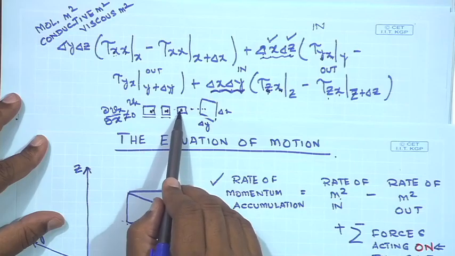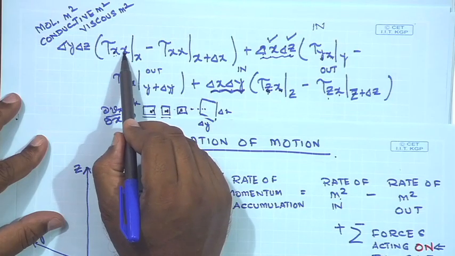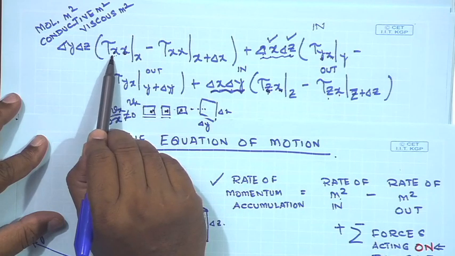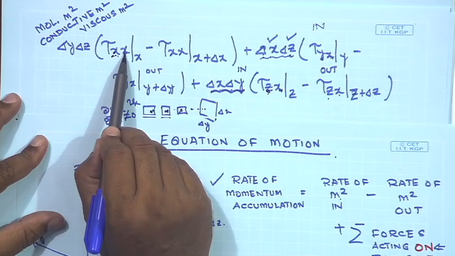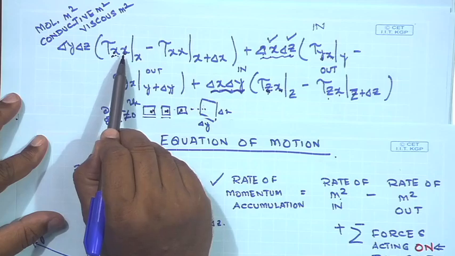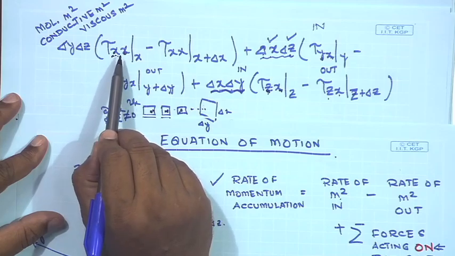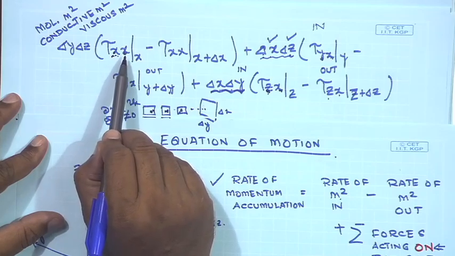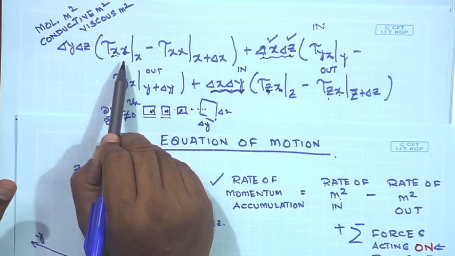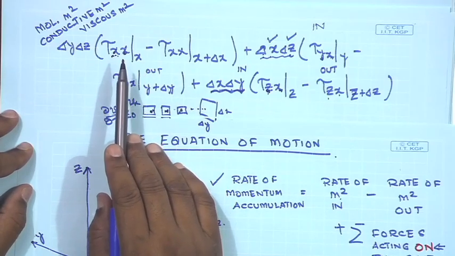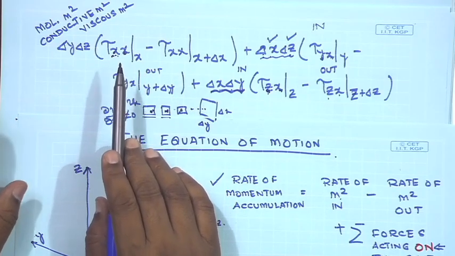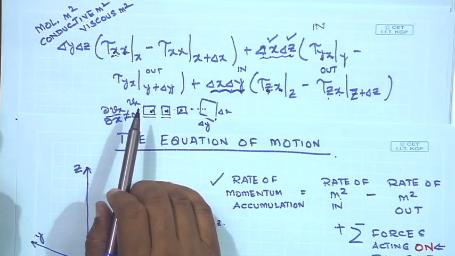So, this kind of stress, where the principal direction of motion and the direction in which the momentum gets transported are identical, is commonly called the normal stress. So, tau xx is nothing but the normal stress exerted by the flowing fluid on the x face due to a variation in velocity of the x component.